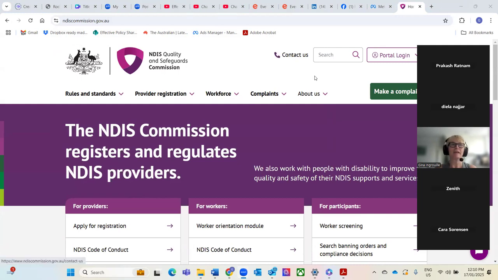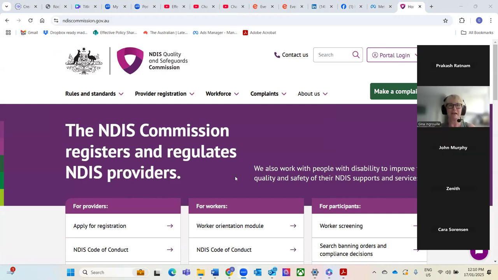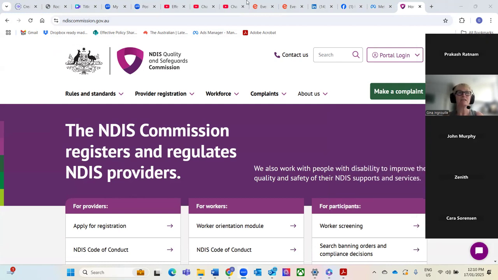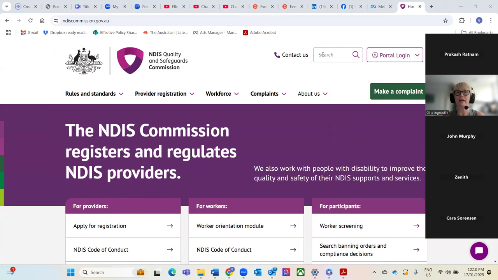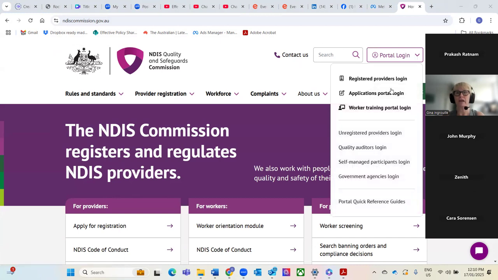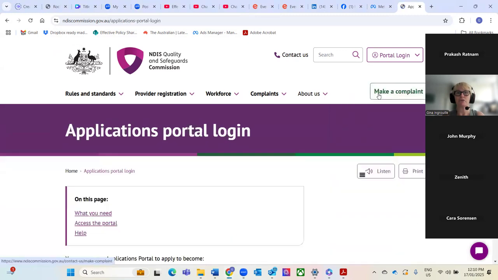So please speak up if you're not seeing the NDIS Commission's website right now. Okay. So when you're going to apply, the first thing you do to start your registration application is go to the NDIS Commission portal login, applications portal.